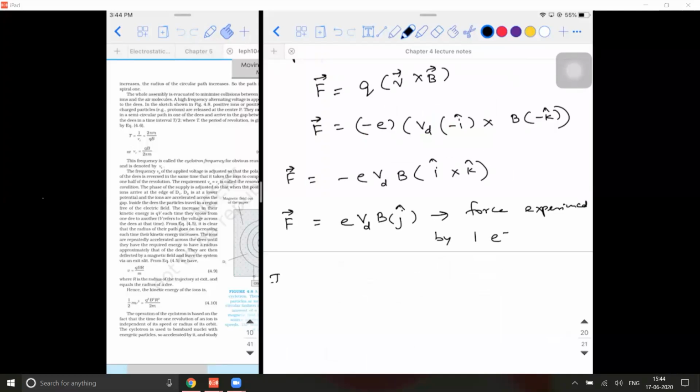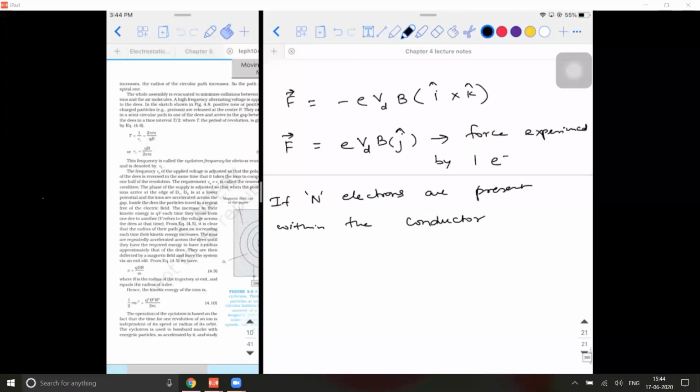If n electrons are present within the conductor, can I say the total force, the sum of all the forces, will be equal to N into e into Vd into B in the direction of j cap.